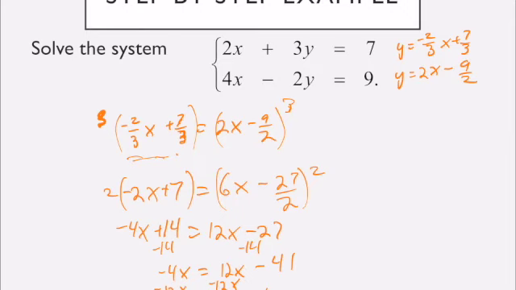So x equals negative 41 divided by negative 16, which gives me x equals 41/16. So that's my x coordinate for the intersection, 41/16.